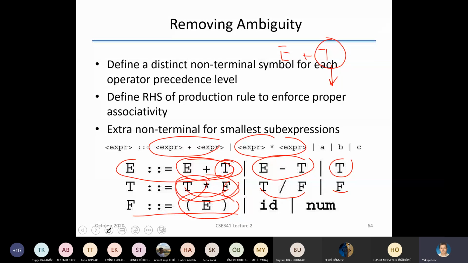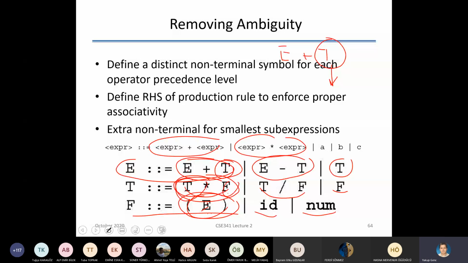If I didn't have this one, it would be very restricted, but this says multiplication can be done by multiplication and another F, which is either an ID or a number, or it can be something that has parentheses around it.